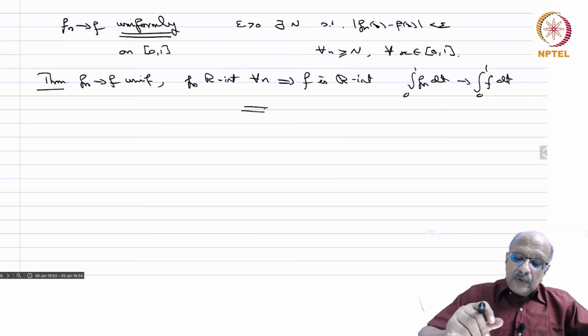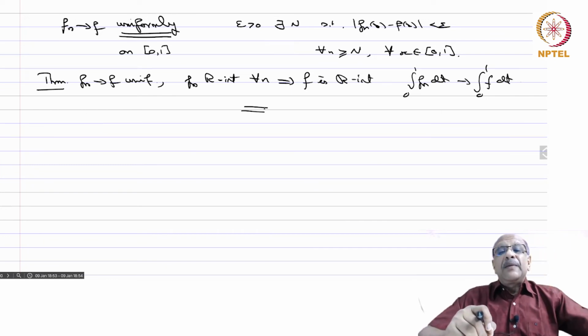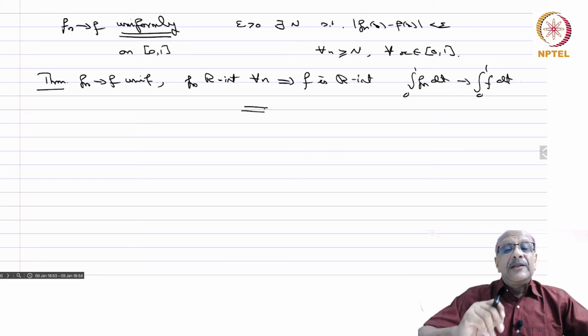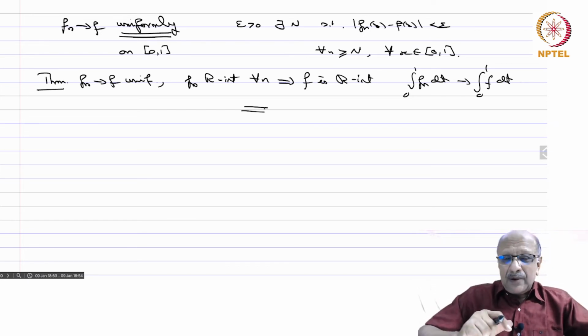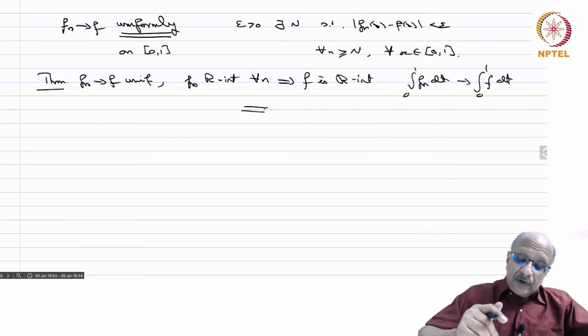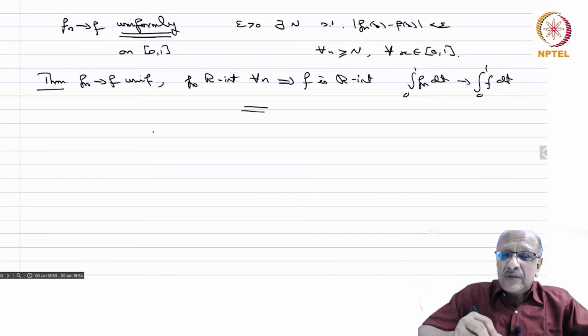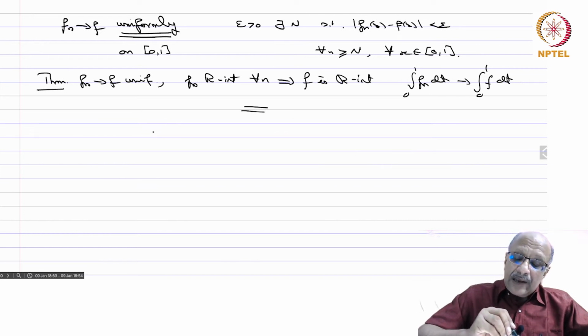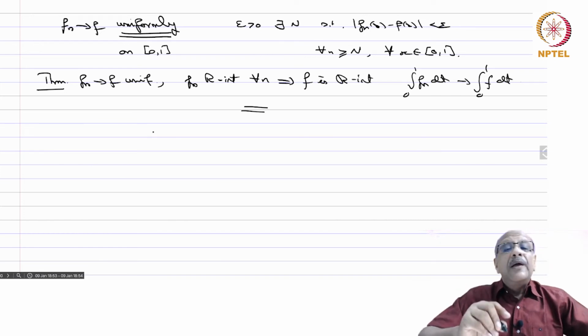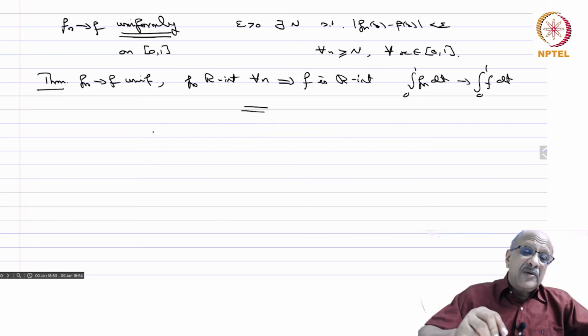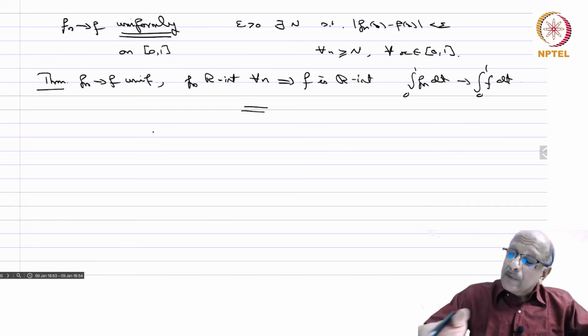Therefore we would like to know if there is a better integration theory than this one, such that more functions become integrable. Like the example which we saw, where f is 1 if x is rational, 0 for x irrational. Now that sequence is obviously not uniformly convergent, because if it were uniformly convergent, then f would be Riemann integrable, which it is not.